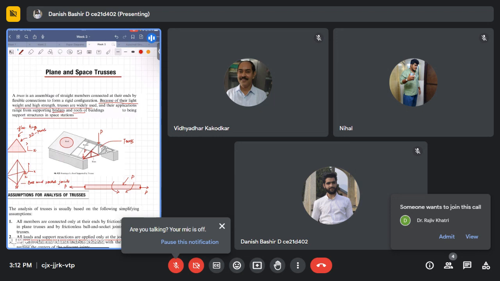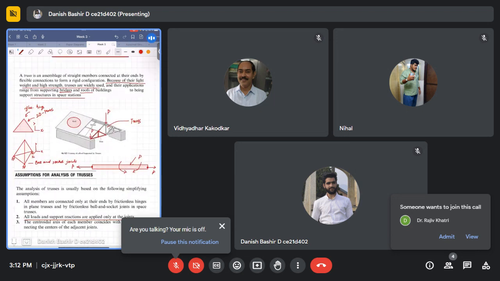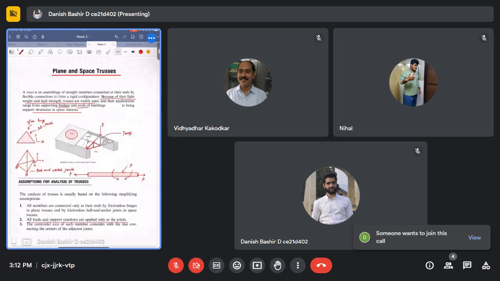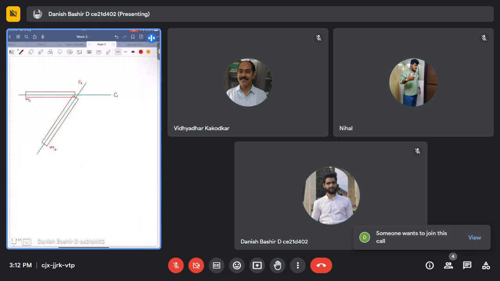What the assumption says is that the centroidal axis of each member coincides with the line connecting the centers of adjacent joints. So I have another one. For example, I have one more truss member here.